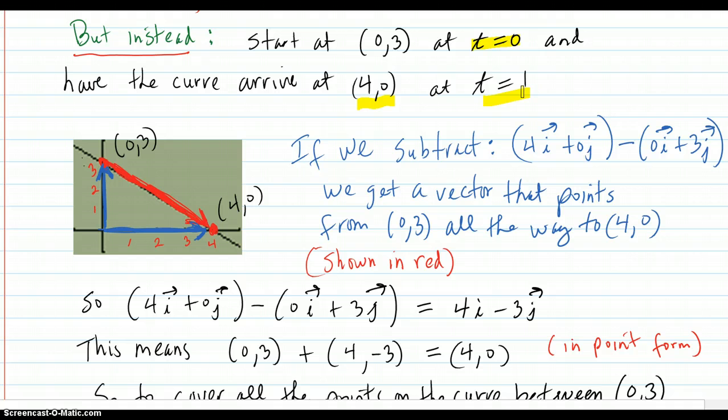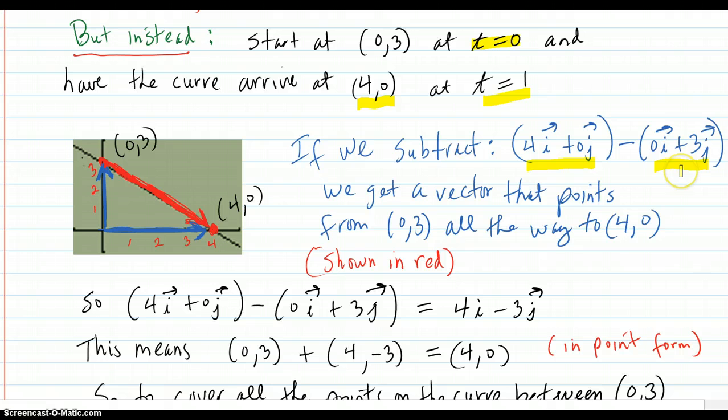And the way you're going to do that is going to take your 4, 0 destination point and subtract off the other vector 0, 3, and that's going to give you this red vector over here, so that you can add up 0, 3 to that red vector and arrive at 4, 0.